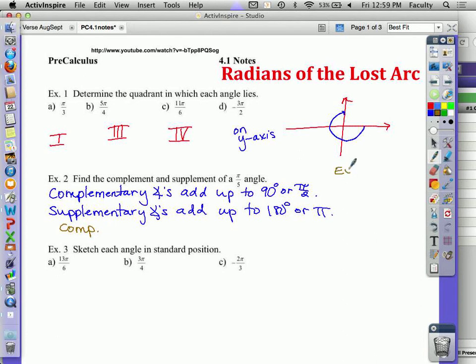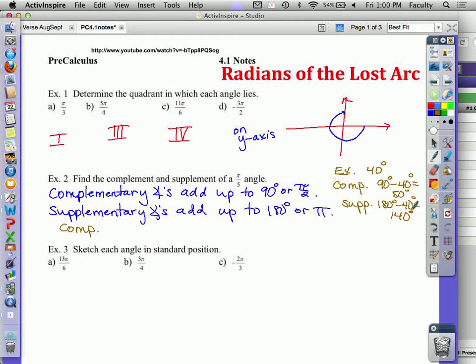If I gave you an angle of 40 degrees, then to find the complement, wouldn't you do 90 degrees minus 40 degrees? Isn't that how you get 50 degrees? And to do the supplement, you would do 180 degrees minus 40, which is 140 degrees.